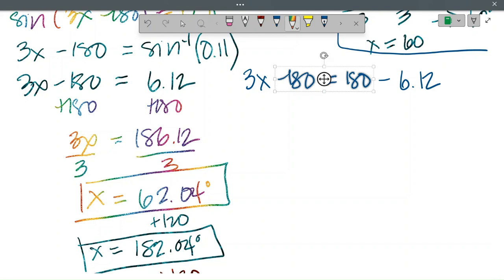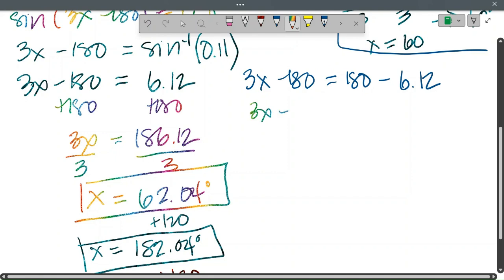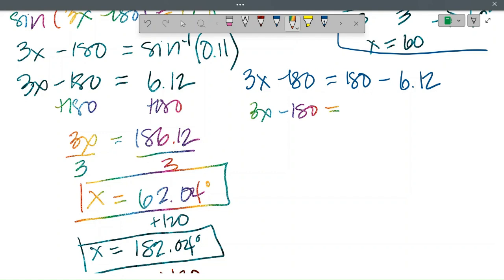So the first thing I'm going to do is simplify the right side of my equation. When I do that, I get 173.88 degrees, pardon me. Okay, and now I'm going to go ahead and solve for x by adding 180 degrees to both sides.